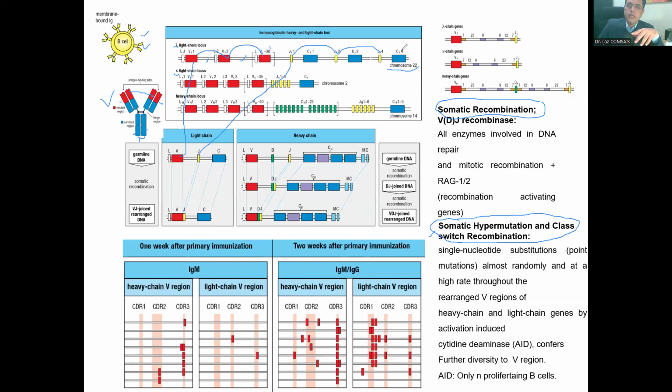And then in the next step, the constant regions, also there could be a number of gene segments that code for the constant part of this antibody, the blue one that you see here, this segment here and here in the lambda light chain. So these should also be brought together in order to make a single constant region that you see here. So for simplicity, in the germline state, here in this image, you can see the variable, joining and constant regions of the light chains are given here.